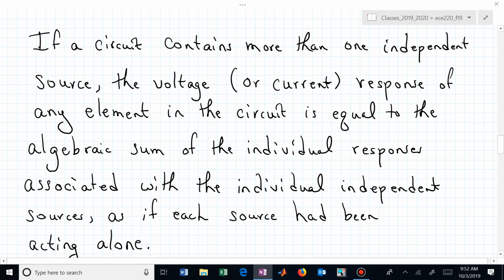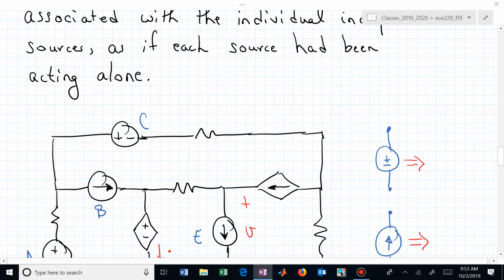Then we look at how that circuit element responds to each of the different independent sources, and then we take the algebraic sum of those contributions, and that gives us the total voltage or current associated with that particular element. That's what that sentence is trying to say.